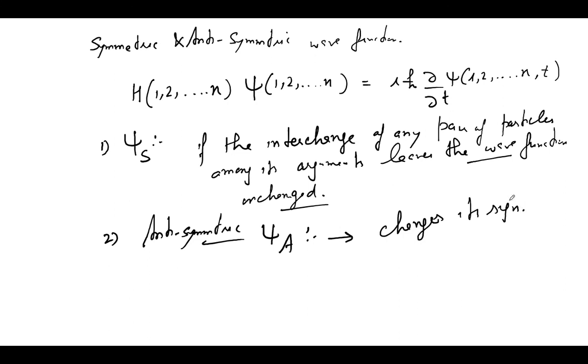Here I would like to say that the symmetric character of a wave function does not change with time. If psi s is symmetric at a particular time t, then H psi s is also symmetric, and according to equation 1, partial psi s over partial t is also symmetric, so it remains symmetric with time.